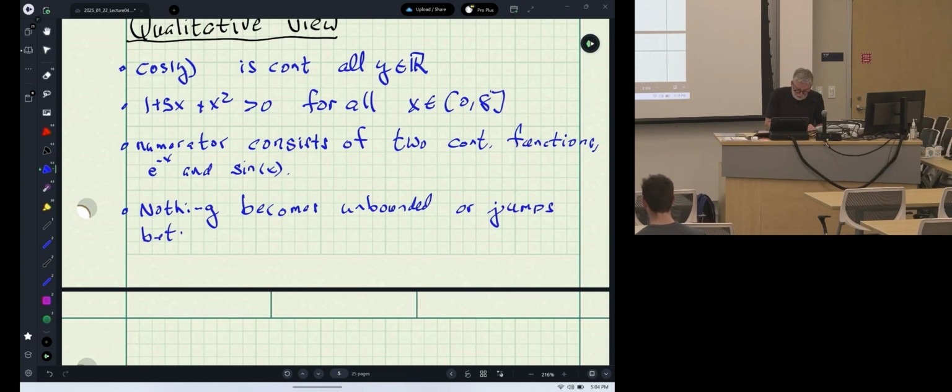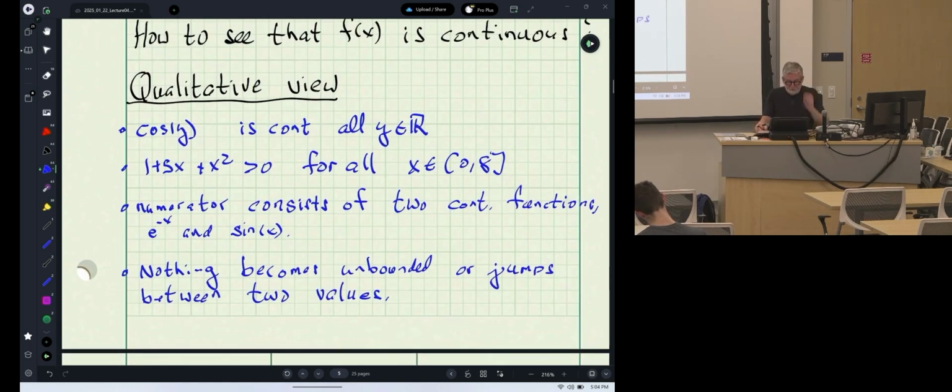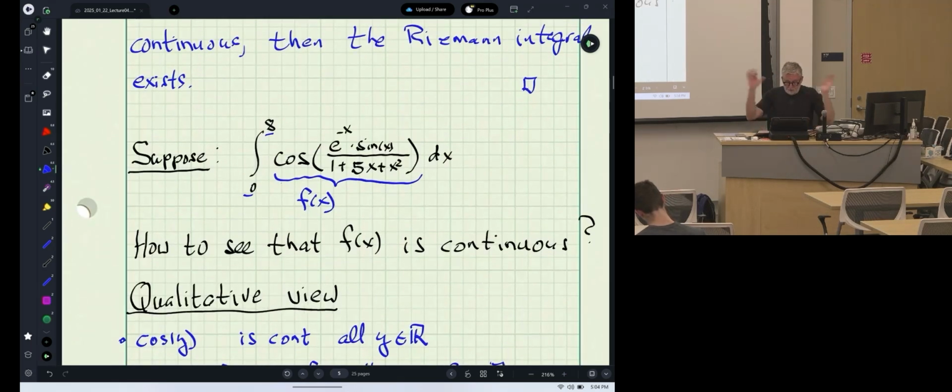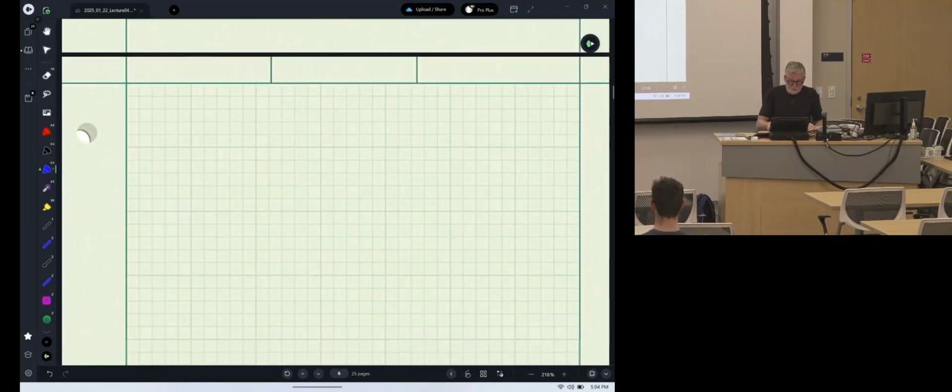Okay, so we've met the continuity criterion. Okay, so this function, as complicated as it is, has a Riemann integral. And we'll find out later we cannot compute it any other way except numerically. Question.